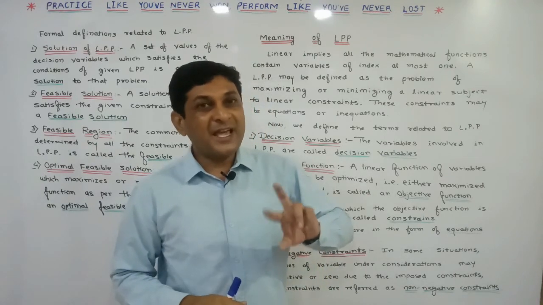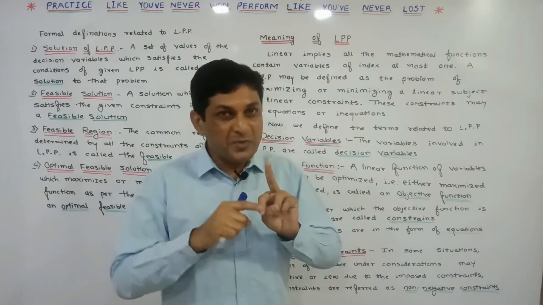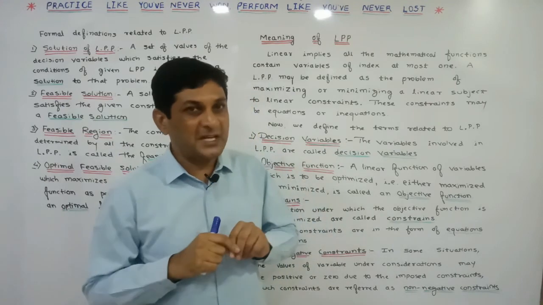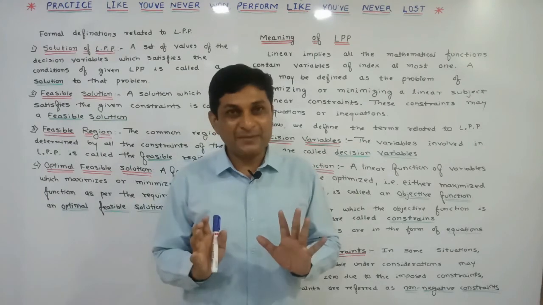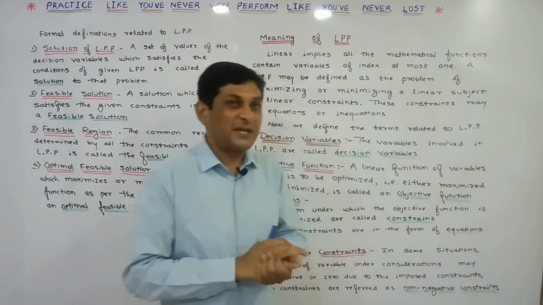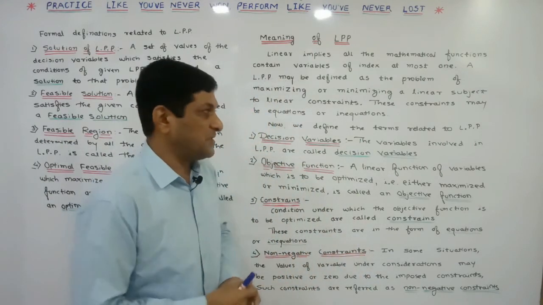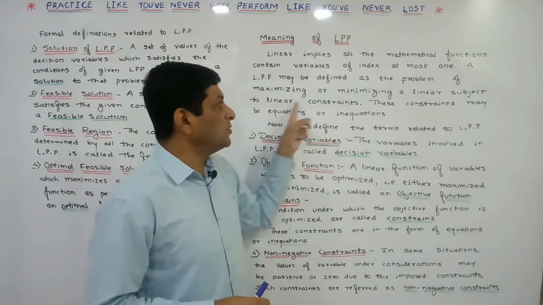So our aims are either to maximize or to minimize. In a linear programming problem we are discussing maximizing or minimizing, meaning something to be optimized, subject to linear constraints.